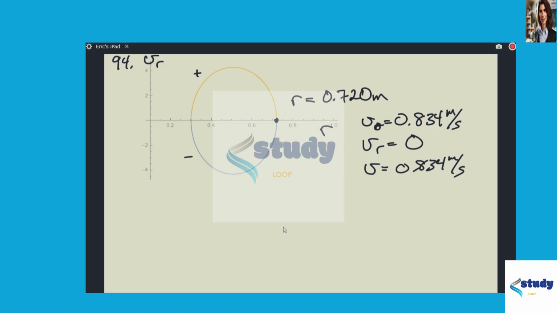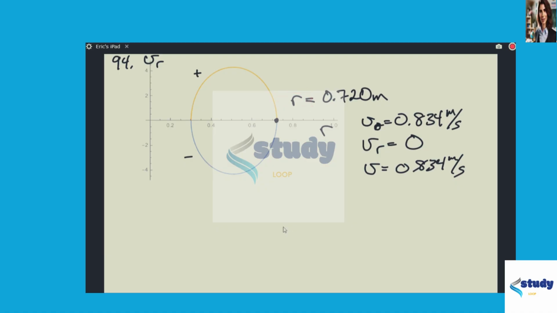So we get this value of r here, and we can use either root finding or just keep zooming in and trying. So we know it's about 0.725. So in the end, it comes out to be 0.720 meters.